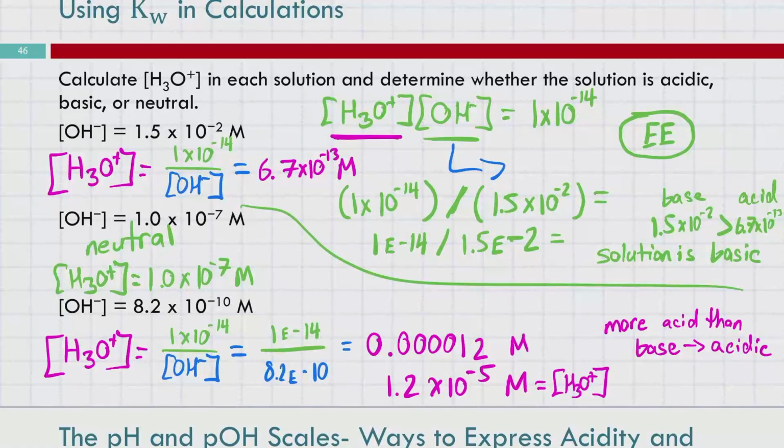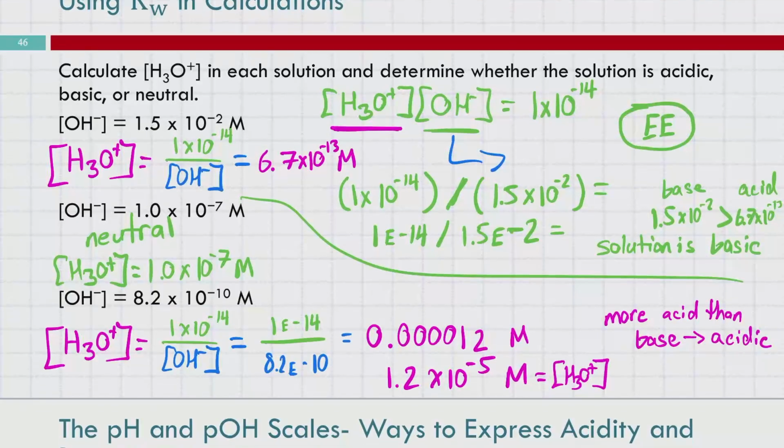A faster way to check without plugging everything into your calculator, most of us, hopefully all of us, can add single and double digit numbers together. If you don't, you have a calculator. So what we're going to do is look at the exponent for our H3O plus and the exponent for our OH minus, and see if they add up to around negative 14.